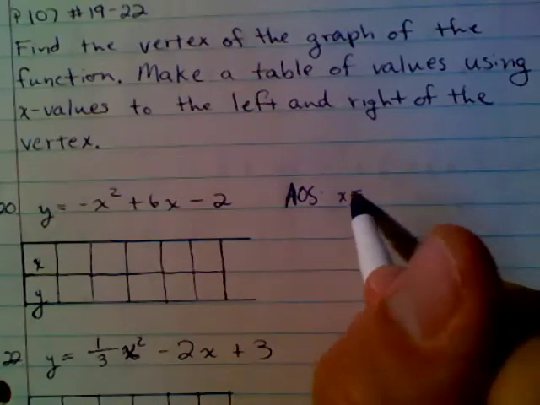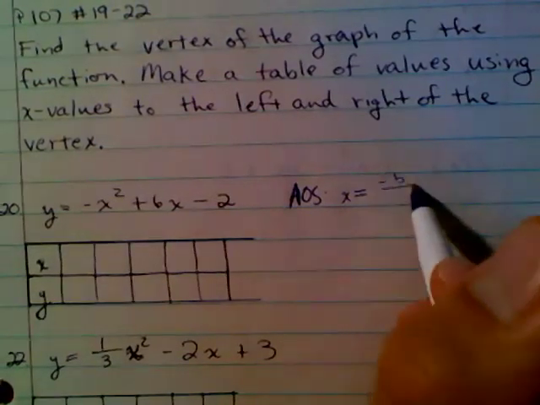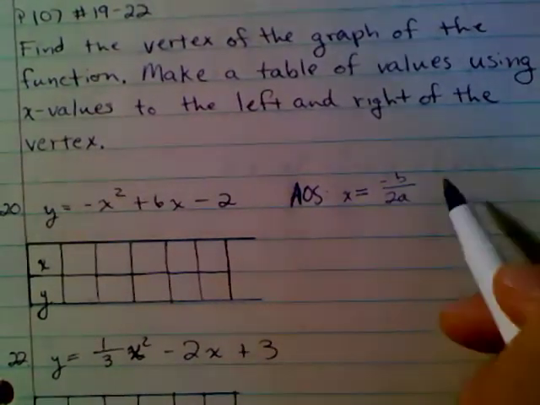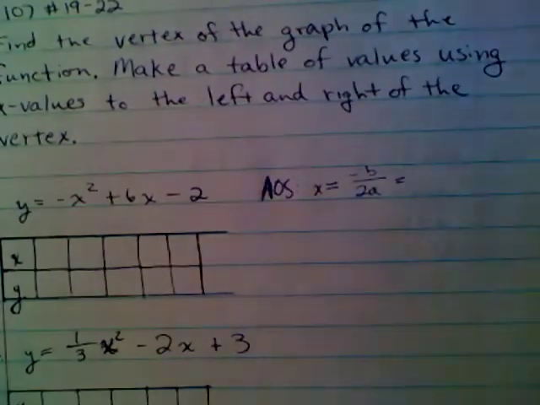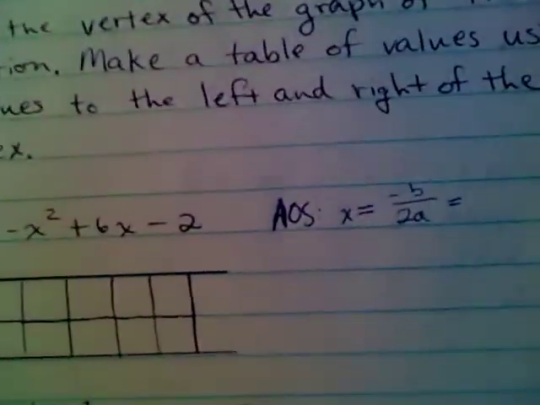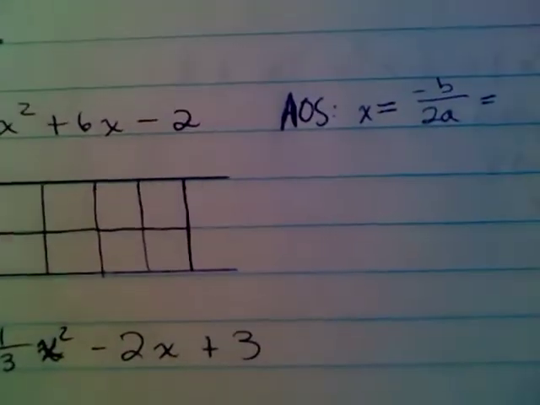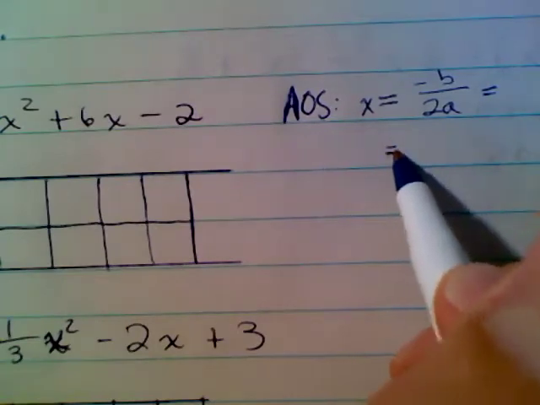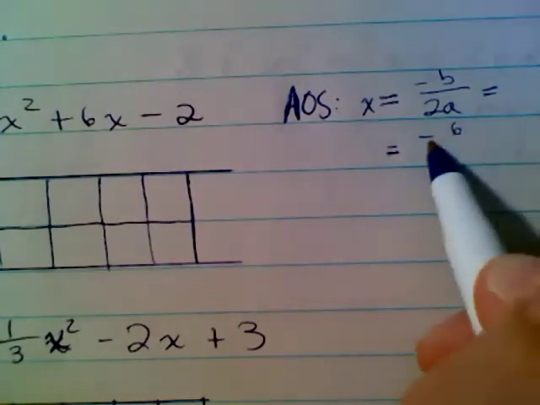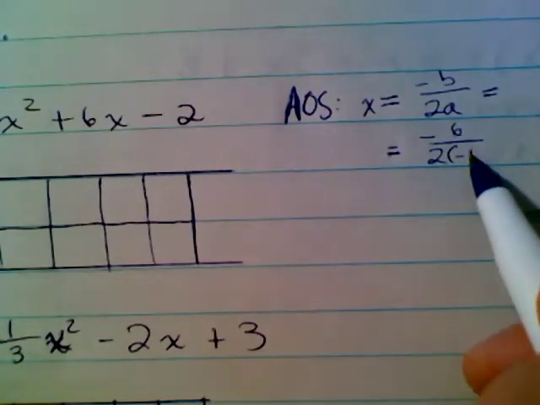So x equals negative b over 2a. So that is negative, and I'm going to work downwards, I guess. Negative 6 over 2 times negative 1.